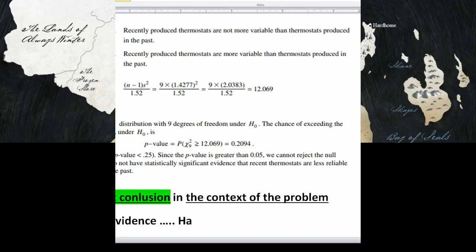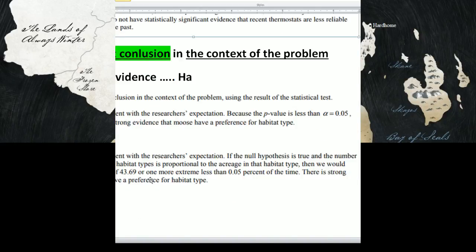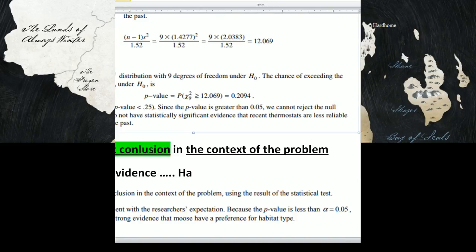I have a list that breaks down all the questions in the FRQ by topics. These are the questions where the confidence interval is asked on the FRQ, and notice that none of them were calculation. It's all interpretation. That is how the confidence interval is asked on the FRQ. It's always interpretation, not calculation.